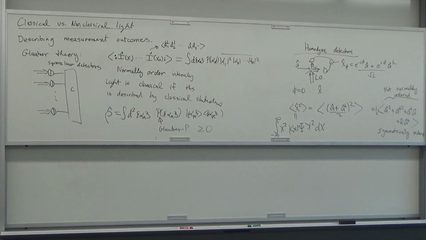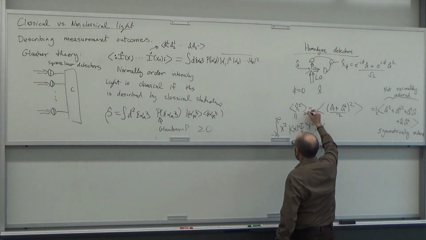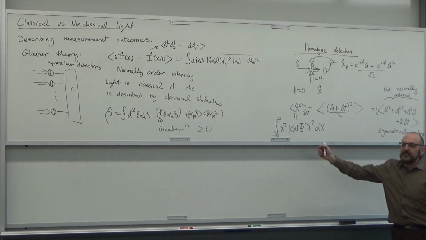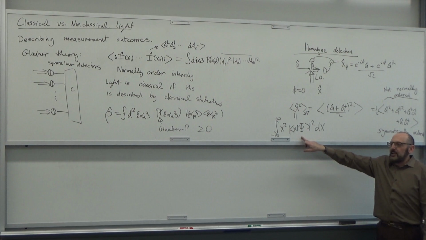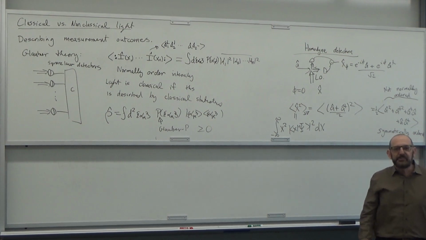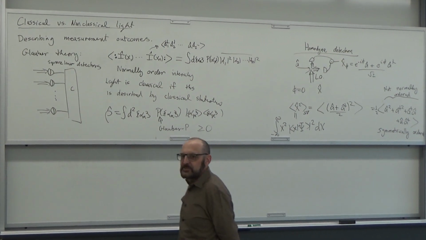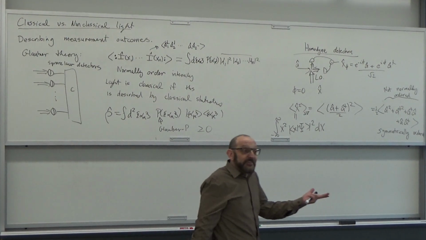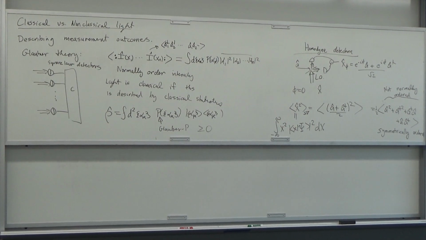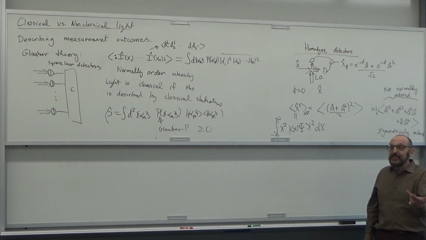But now I ask you, for the specific case, let's say that I have squeezed vacuum. What is the probability distribution in quadrature space of a squeezed vacuum? It's a Gaussian, with whatever the width is, right? You just apply the Bogoliubov operator to that. You look in the X representation.